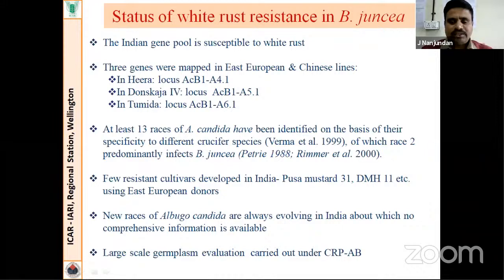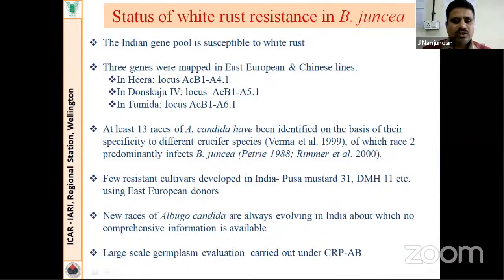So coming to the status of white rust resistance breeding in India, the entire Indian gene pool is susceptible to white rust. So the earlier Indian breeding programs used 2 East European lines, Heera and Donskaja, to evolve some varieties. Now 3 genes have been mapped. One based on Heera, another on Donskaja. The third one is based on the Chinese line Tumida.